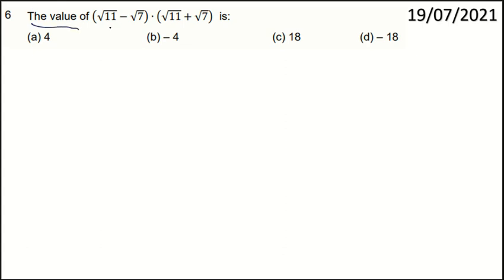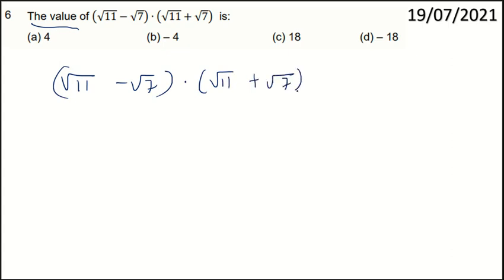Find the value of the product root 11 minus root 7 multiplied by root 11 plus root 7. You learnt some laws of square roots in this chapter, or else you can use the algebraic identity x plus y multiplied by x minus y is x square minus y square.